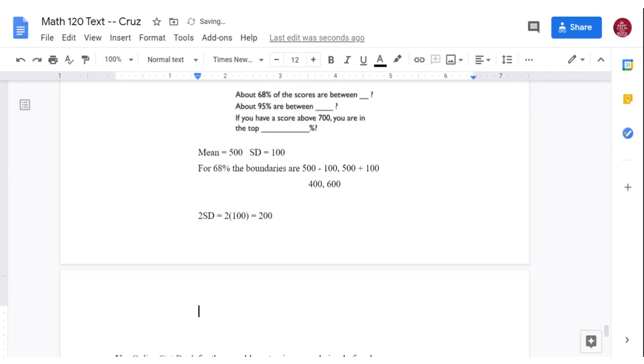So for 95%, the boundaries are 500 minus 200, 2 standard deviations, 500 plus 200. Or what are they? They would be 300 and 700.